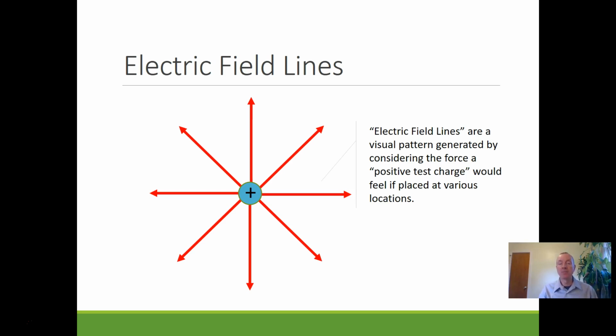We imagine the surrounding charge as shooting out electric field lines coming out of positive. If I replace the object, the surroundings, the source, with negative charge, then the electric field lines would come in, right? So electric field relative to source goes away from positive charge or toward negative charge.